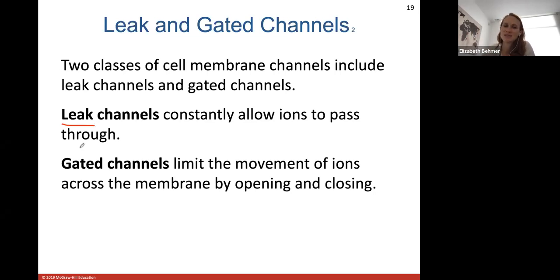A gated channel, however, limits the movement of ions across the membrane by only opening and closing in a certain situation. A gated channel has a gate that only opens or closes to allow ions to pass through. So those are leak and gated channels.